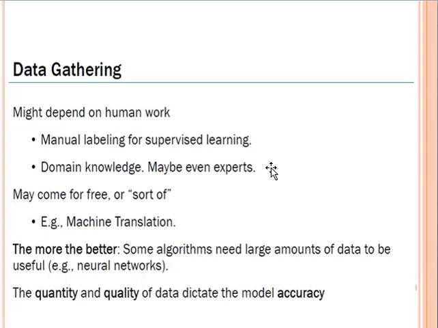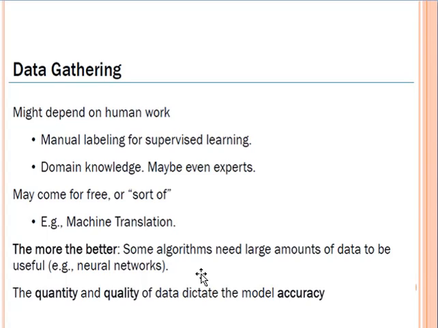Another important thing is that the more data you have, the better the result will be, right? Because some algorithms need large amounts of data to be useful, for example neural networks. When you have an algorithm from the domain of deep learning, your network can be too complex, consisting of a number of layers.